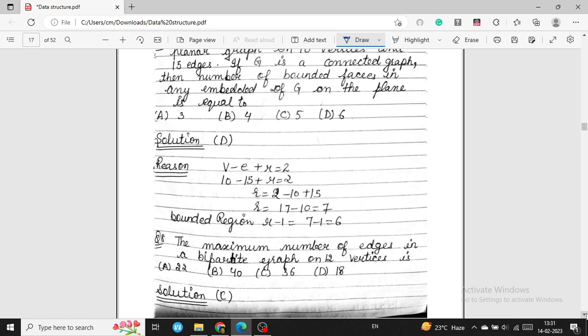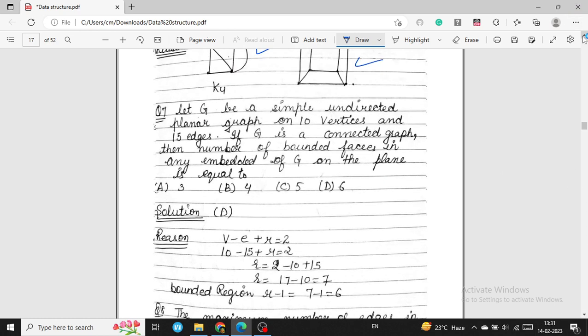Next question. Let G be a simple undirected planar graph on 10 vertices and 15 edges. If G is a connected graph, then the number of bounded faces in any embedding of the graph on the plane is equal to what?